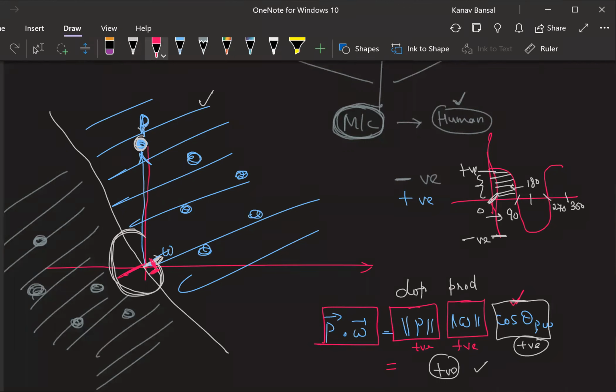So this is going to be 180, and 180 plus 90 is 270. This angle is greater than 270 and less than 360, correct, Shweta?